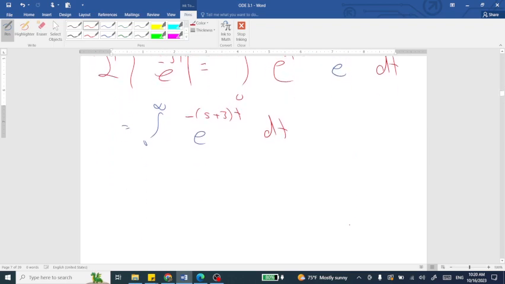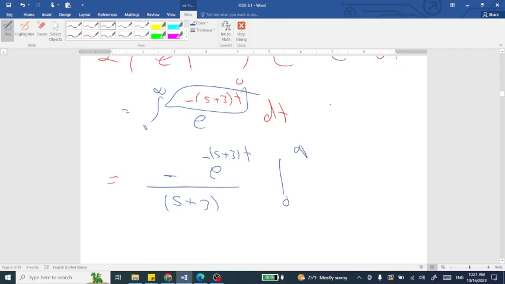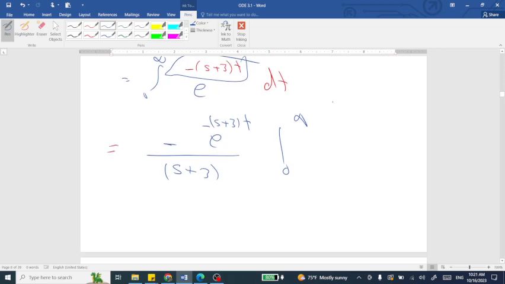One step: what is the integral? Hat d hat; we don't have anything else, so the integral is minus 1 over (s plus 3) e to power minus (s plus 3)t from 0 to infinity. Did you understand, dears?